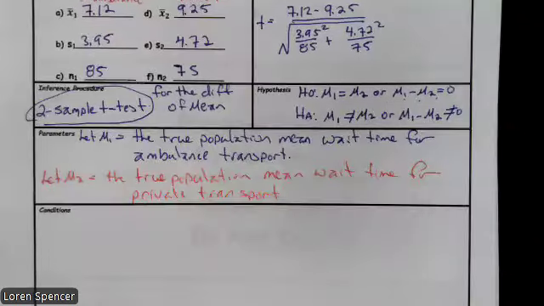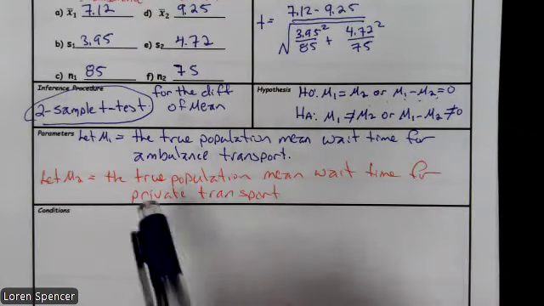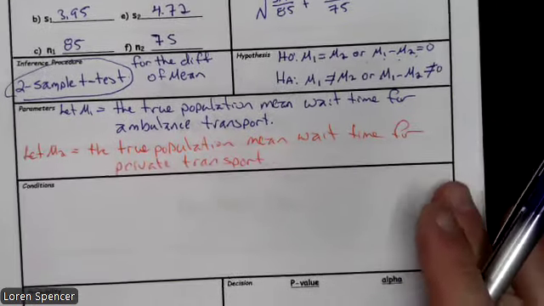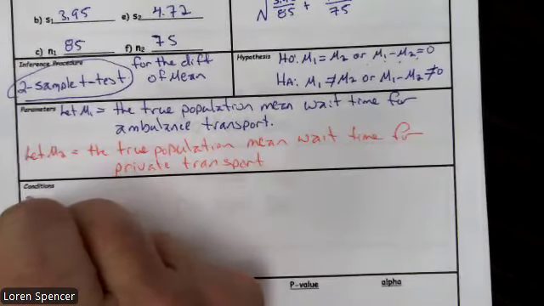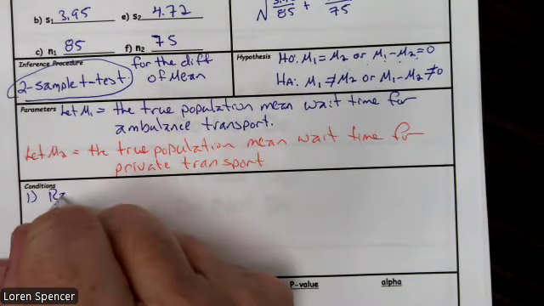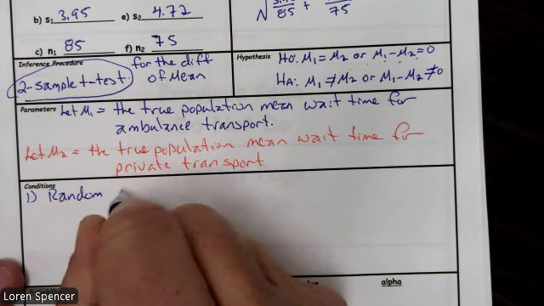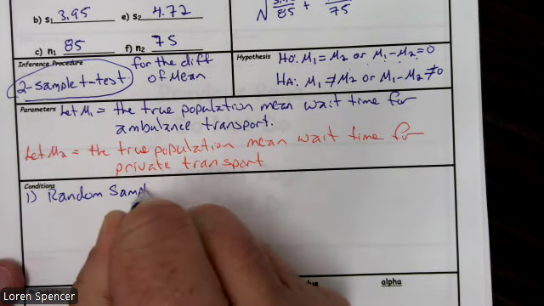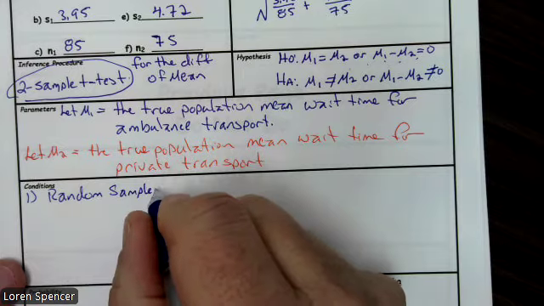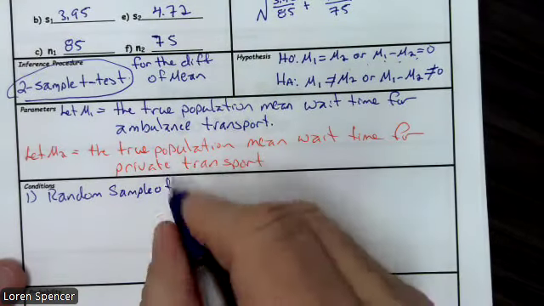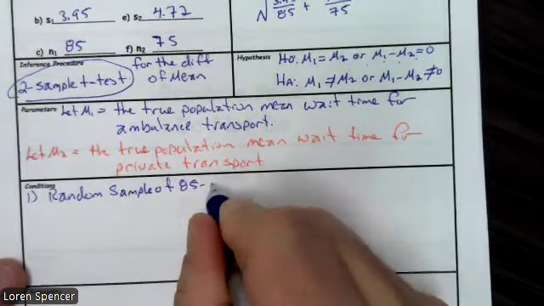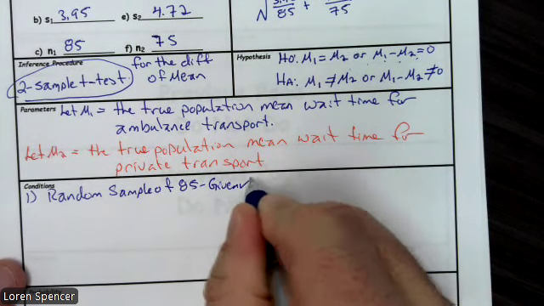All right. Now, we can combine our conditions, and I'm going to combine them here. So here we go. One, random sample of 85 given.